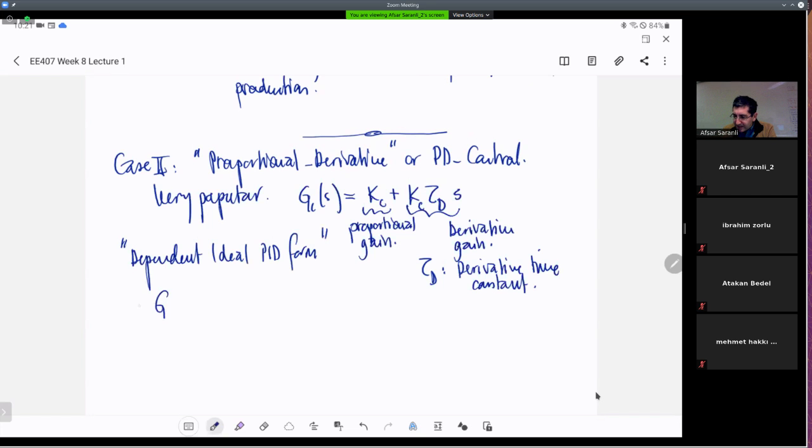This means that I have GC of S given by, if I take Kc tau d into parentheses, I will have S plus 1 over tau d. This is why this is known as the derivative time constant, because you see that it directly becomes a new zero in the system. Let's call this combination Kd, the derivative gain.